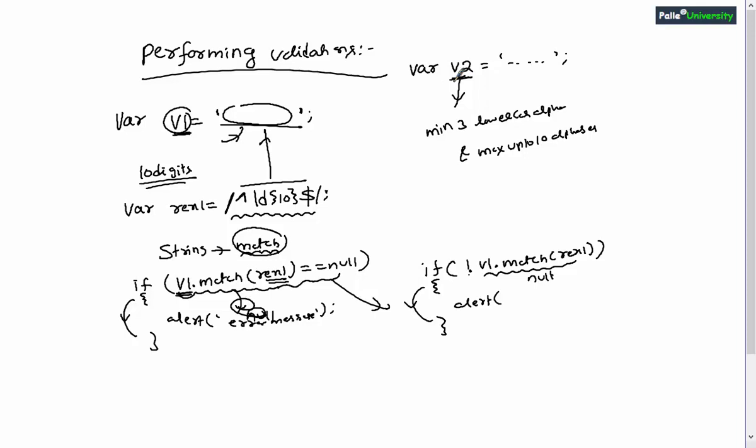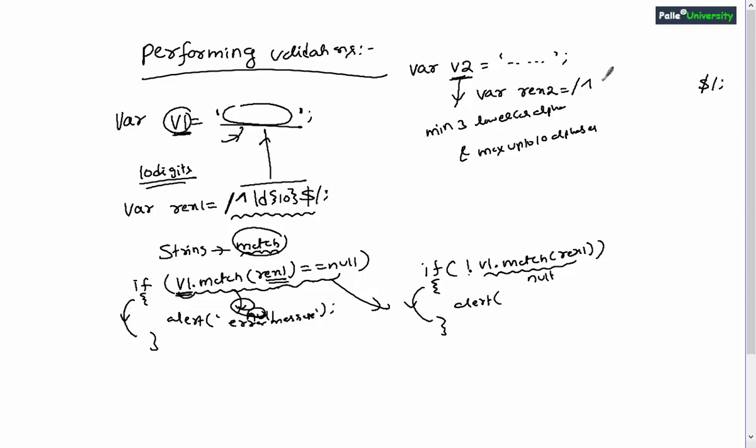valid format or not. Now it is simple. For verifying this, we have to write a regular expression, where rex2 is equals to, so I already told you that regular expression content must be always placed inside slash cap and then $ slash. Now I want to check whether the v2 variable's content is present in valid format or not.